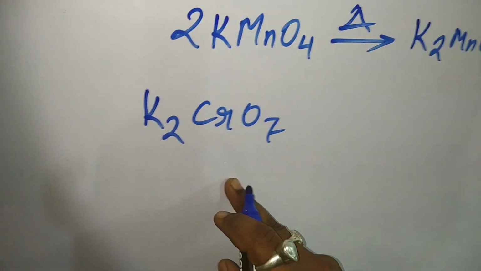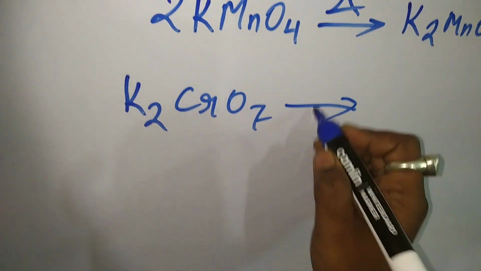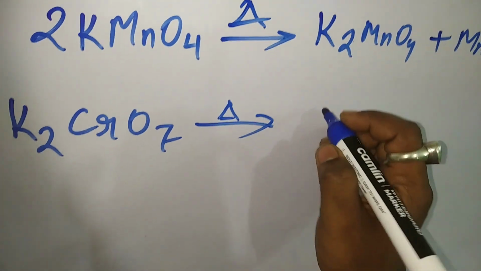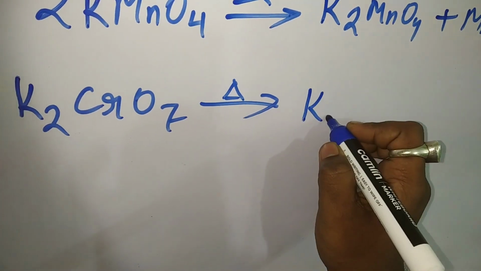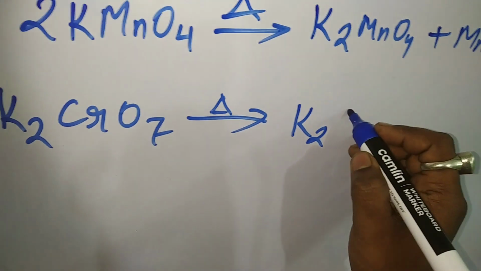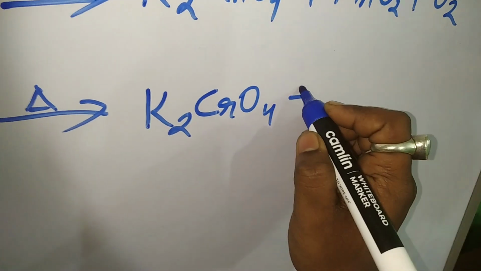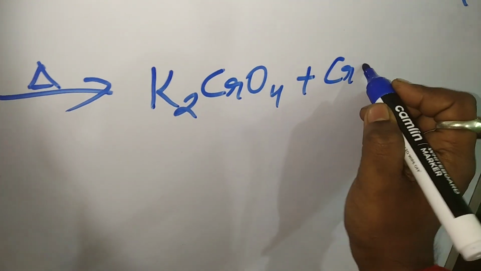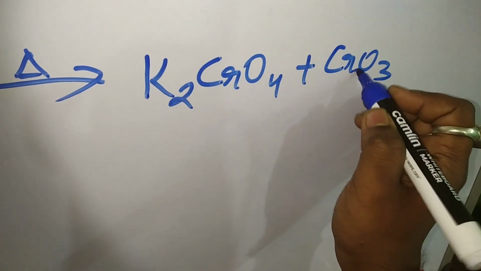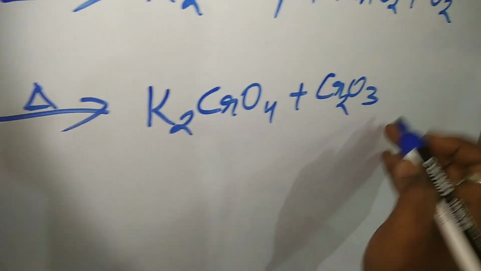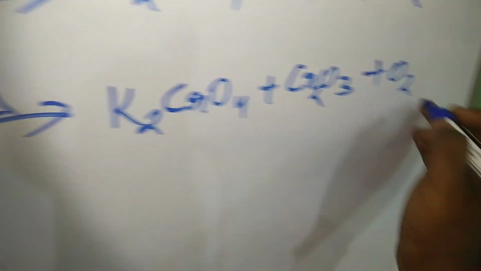Next is potassium dichromate. It will decompose into potassium chromate and Cr2O3, that is chromium oxide, and also oxygen.